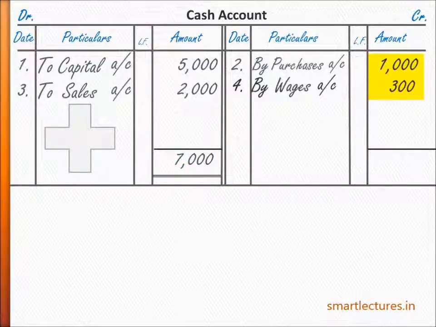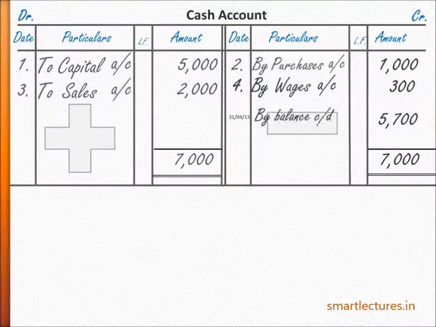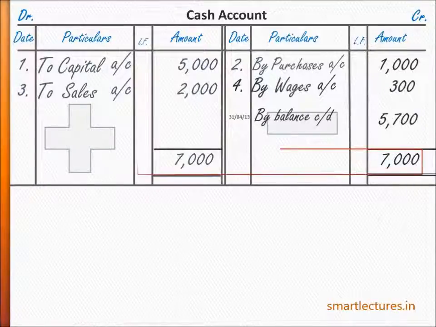So we will have to supply 5,700 to the credit side. Now the total is 7,000 on both sides, and on 31st March 2013, we'll write down "By balance c/d" 5,700. So this account has been balanced. It means we have supplied the amount to the weaker side, and now the total on both sides is 7,000. I mean to say equal.